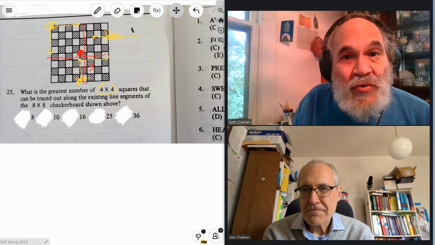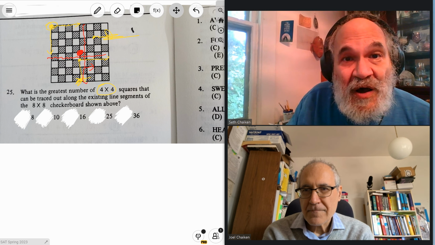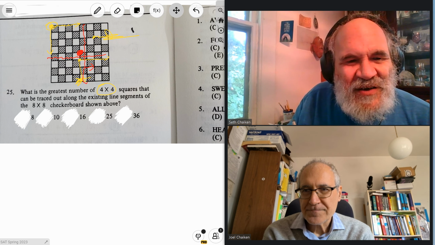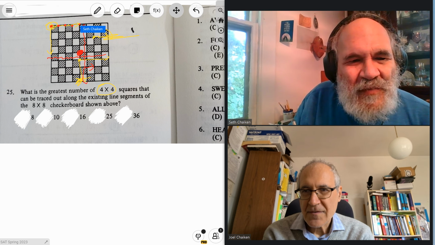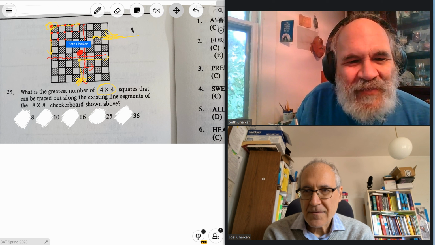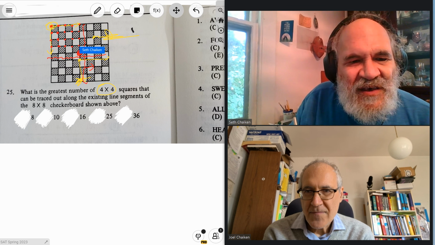So therefore, the only points that I could take as an upper left corner of a 4x4 square that remains within the given checkerboard, I just do it by brute force, fill them in.